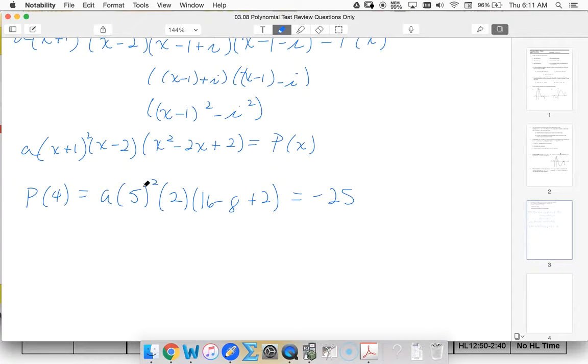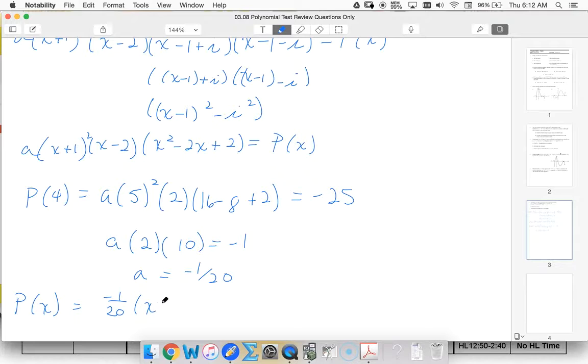Well, this is 25, so if I divide on both sides, this is going to turn into -1. So I get a times 2 times 10, 16 plus 2 is 18, wait, thinking ahead, that 10 times 2 is 20, equals -1. So a is -1/20.